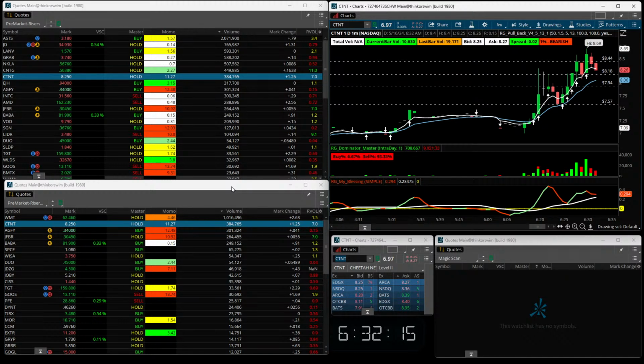Yeah, when you have these huge swings like this, it's usually because of low volume.